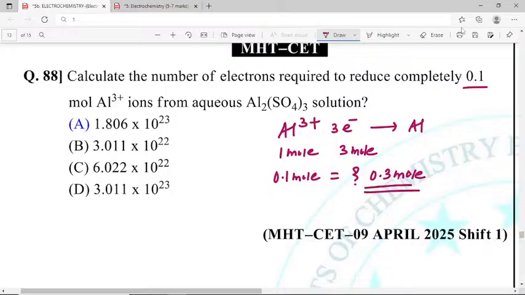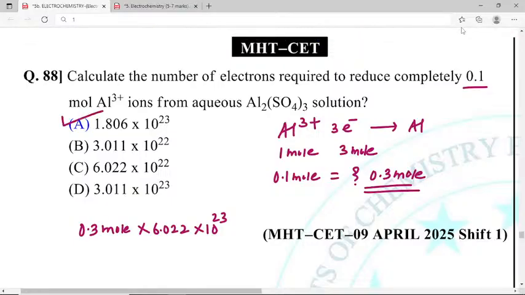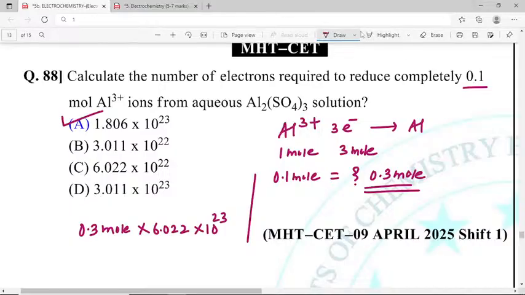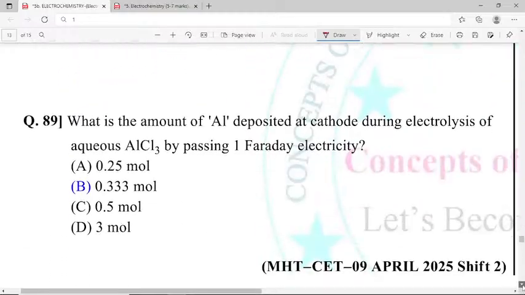But 0.3 how much? 0.3 mole multiplied by 6.022 times 10 to the power 23, the Avogadro number. This is the Avogadro number of electrons.